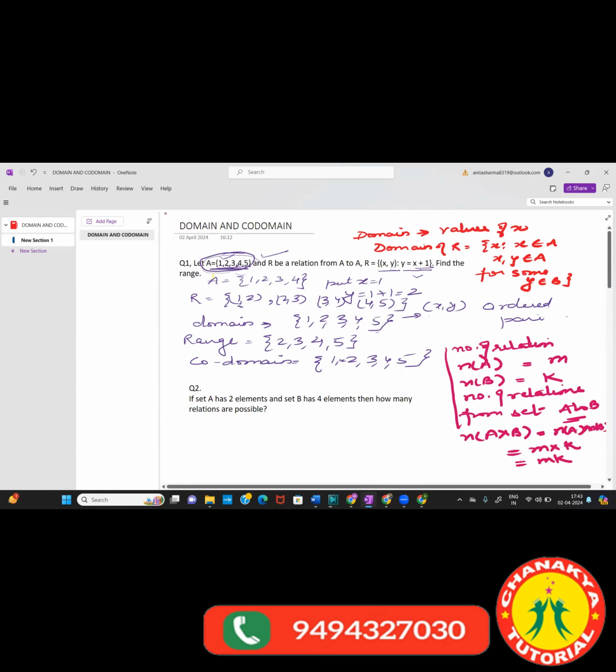Clear, Dhanunjay? Yes, ma'am. So now, the number of subsets of set A will be how many? 2 raised to the power M, or not? Yes, ma'am. 2 raised to the power M. And number of subsets of B, it will be 2 raised to the power K. Right?